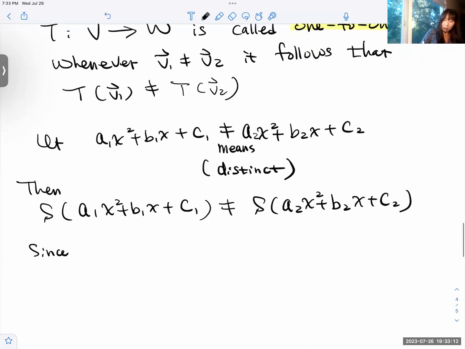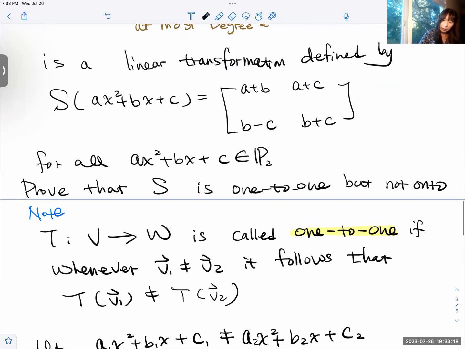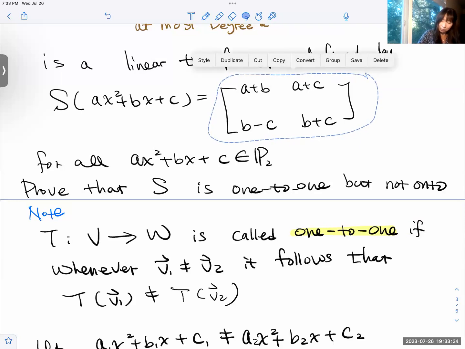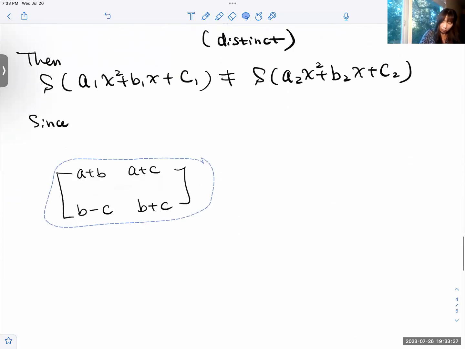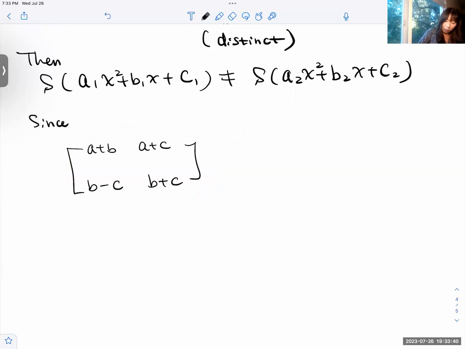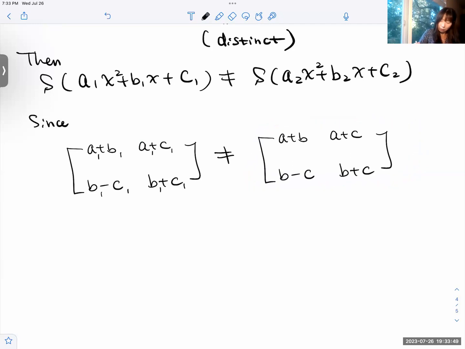Since, look, this one gives us the matrix with all the sub 1 entries, and it's not equal to the matrix with all the sub 2 entries, right?